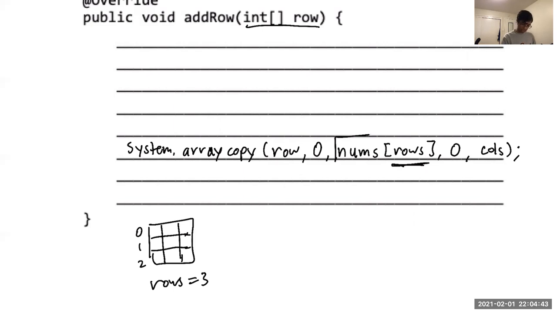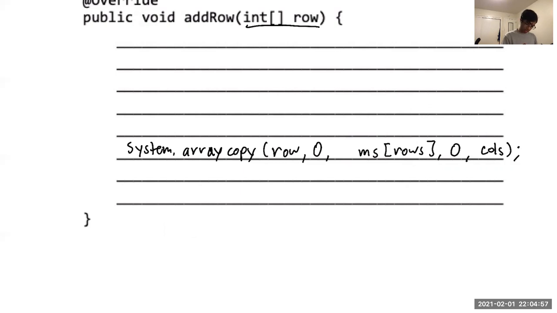So if we try to access nums of rows, right here, we run into issues because this would be out of bounds and give us an out of bounds exception. To account for that, we need to resize before we even think about doing any copying, because we need to make room before we have space to add a new row.